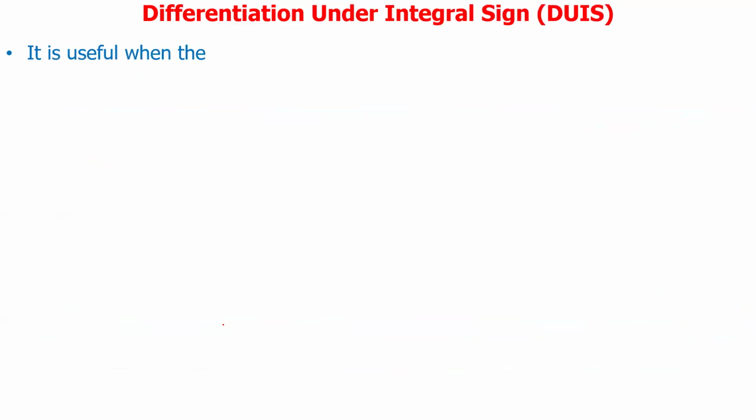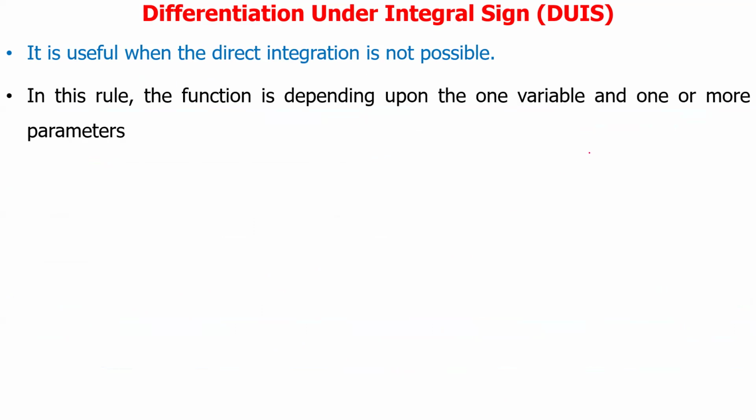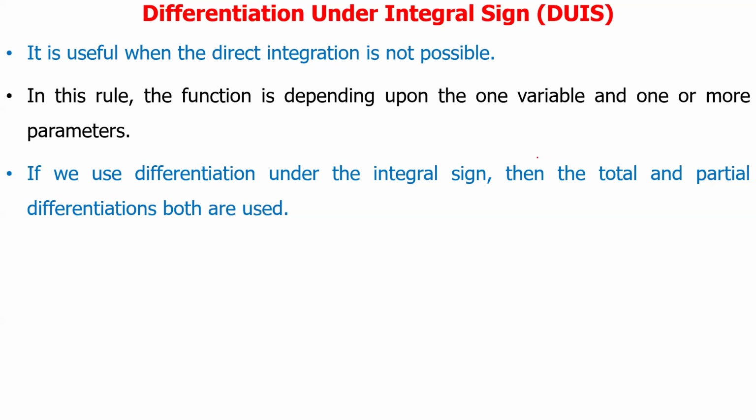It is useful when direct integration is not possible. In this rule, the function depends upon one variable and one or more parameters. If we use differentiation under integral sign, then both the total and partial derivatives are used.